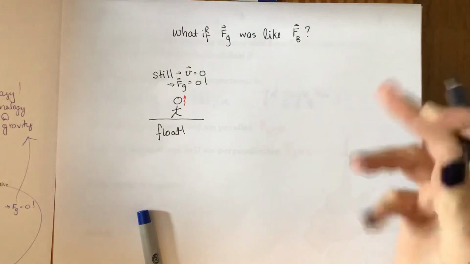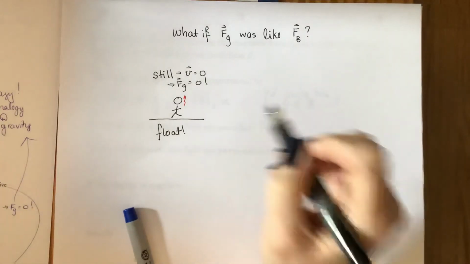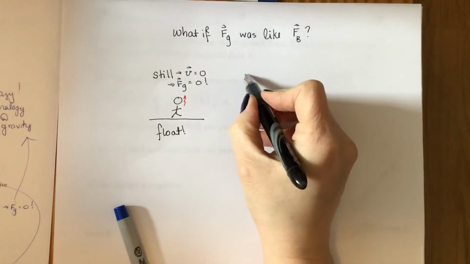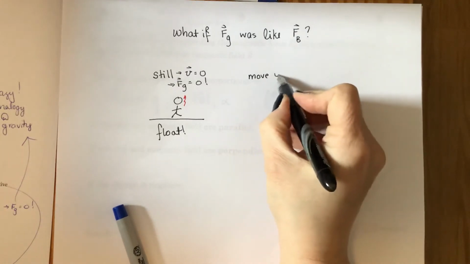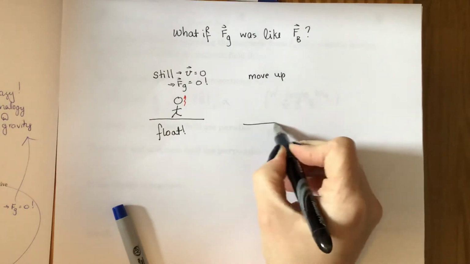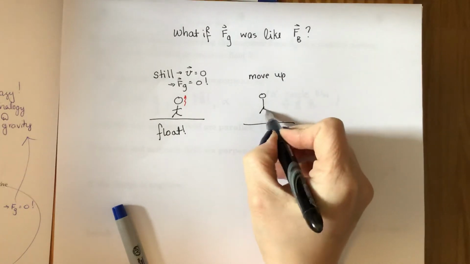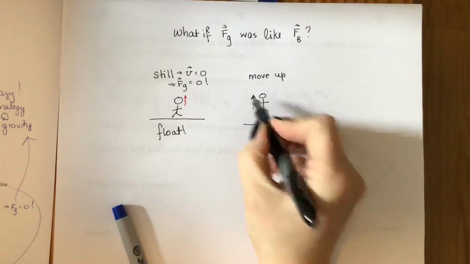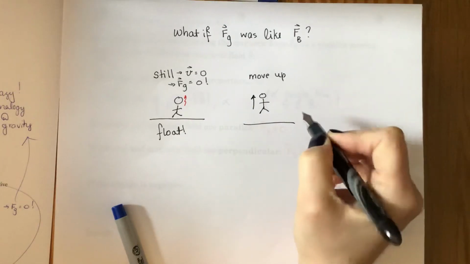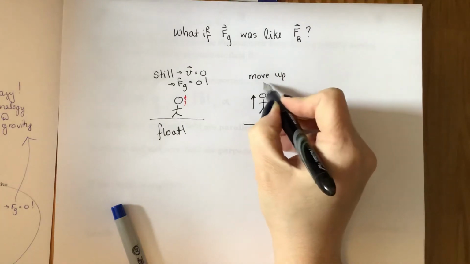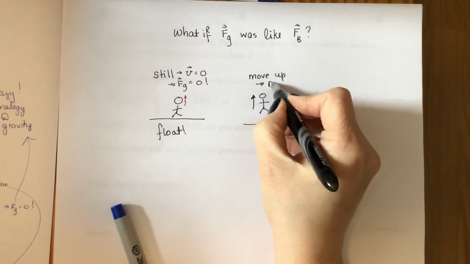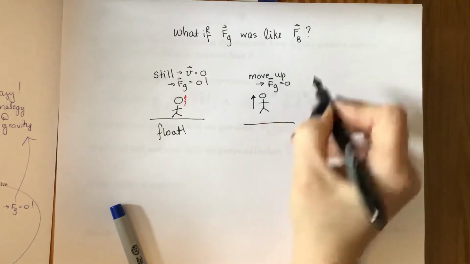Okay, what if you weren't standing still? What if you were starting to move up? As gravity turned off and as you started to float up in the air, you're moving parallel to the gravity and you still have zero force. So still no force due to gravity, still no weight if you move up or down.